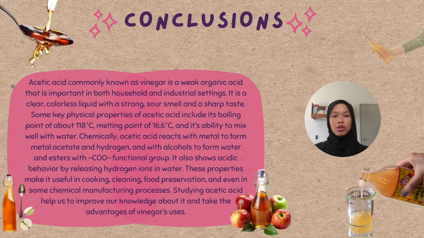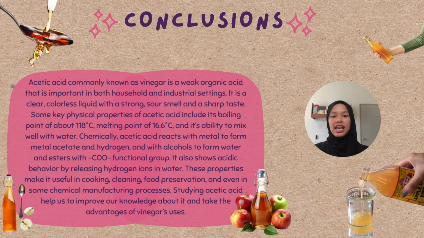So, for the conclusion, acetic acid, commonly known as vinegar, is a weak organic acid that is important in both household and industrial settings. It is a clear, colorless liquid with a strong sour smell and a sharp taste. Some key physical properties of acetic acid include its boiling point of about 118 degrees Celsius, melting point of 16.6 degrees Celsius, and its ability to mix well with water.